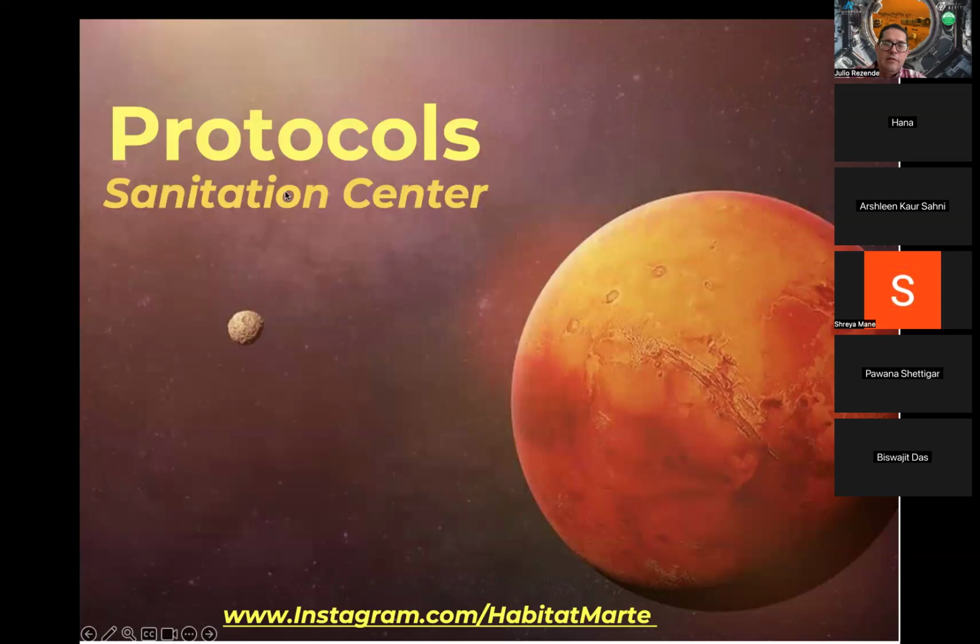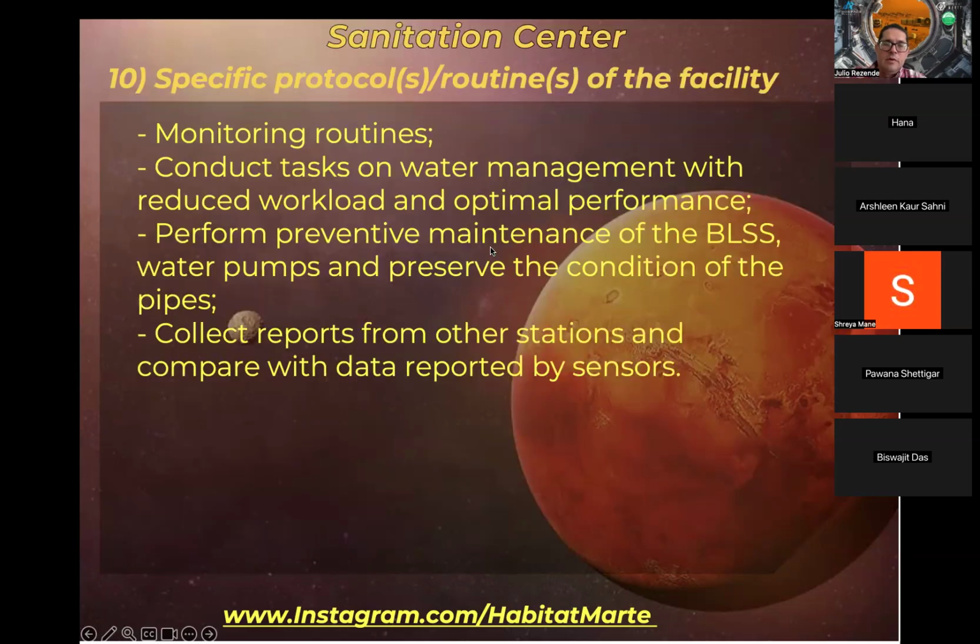Now the fourth dimension of my presentation is the protocols. Some specific protocols for this facility include monitoring routines, conducting tasks on water management, performing preventive maintenance of the biological support system, and collecting reports from other facilities and comparing the data reported by sensors.